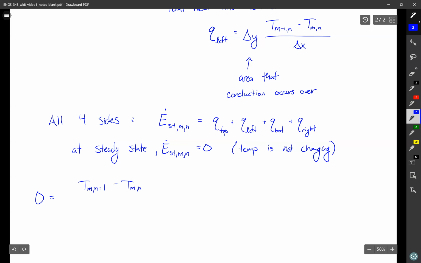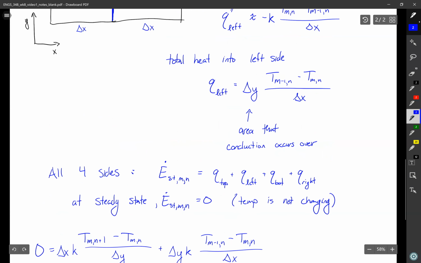The area of that side is delta x, so this is delta x times K divided by delta y. Now Q left, the one that we wrote before, is delta y times K times T_m-1,n minus T_m,n divided by delta x. And I'm realizing I dropped a K up there.